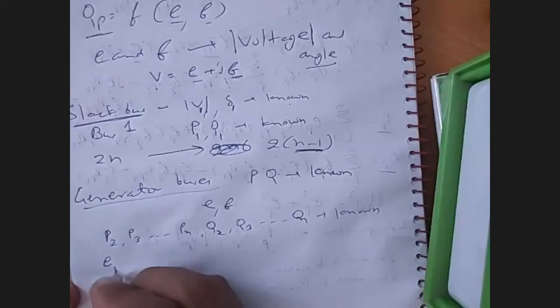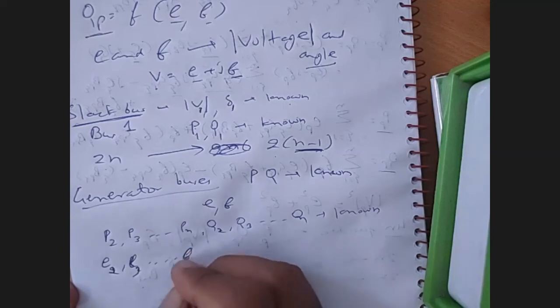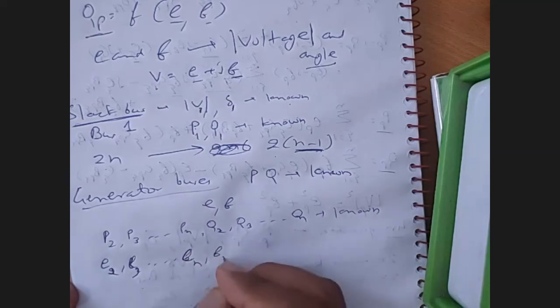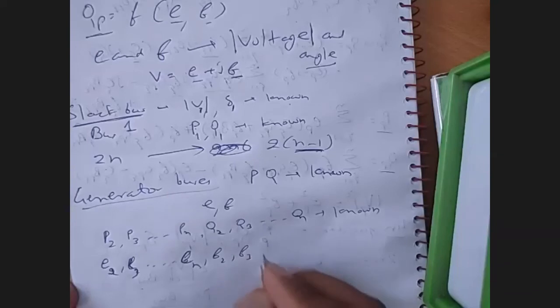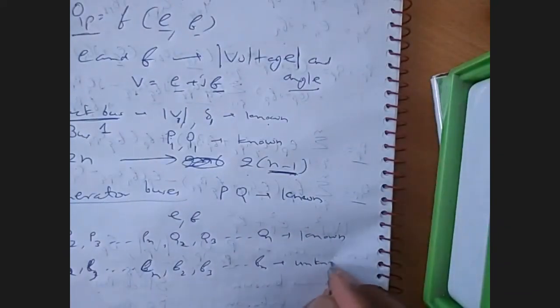And E2, E3 up to En, and F2, F3 up to Fn are unknown quantities.